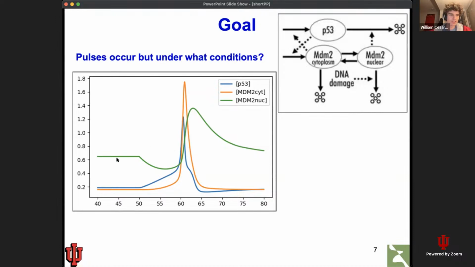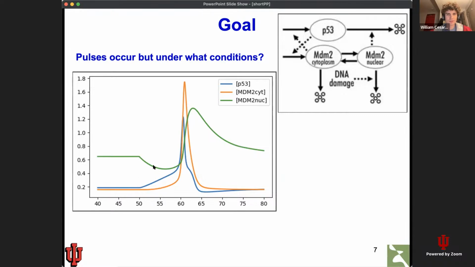So here is just the raw time series of the initial conditions proposed by the authors. As we can see, DNA damage is introduced at time equals 50. I stole this off of the previous slide, so it's not labeled, all the other graphs are, but at time equals 50, DNA damage is introduced.